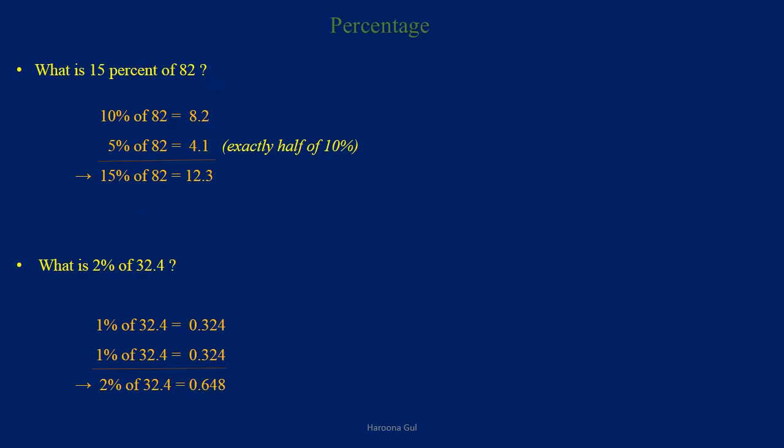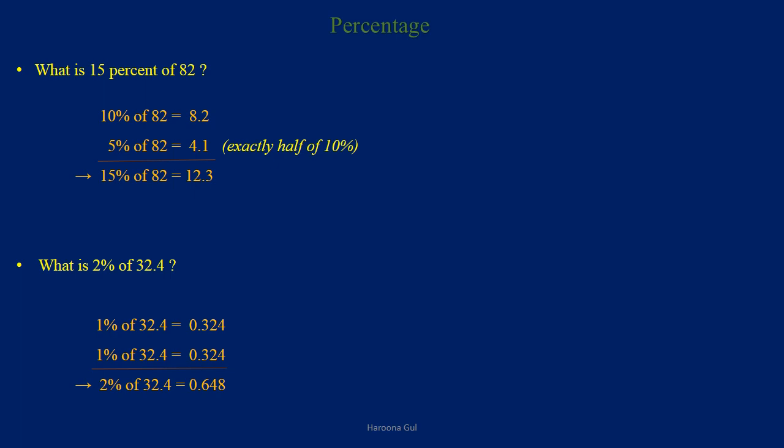Now let us come to the statement questions on percentage. If we are given a question which says what is 15% of 82? Without using a calculator, we can easily find its answer. How? We first find 10% of 82, which is simple. It is 8.2.